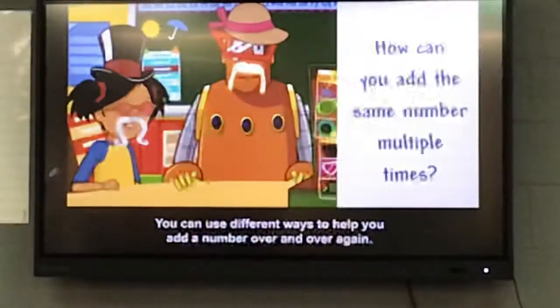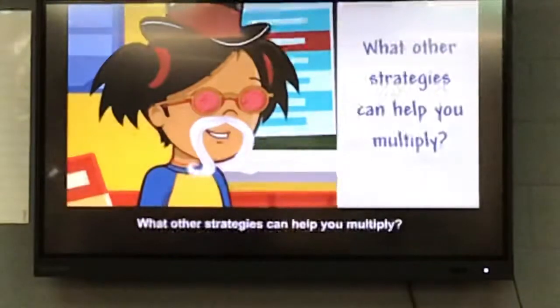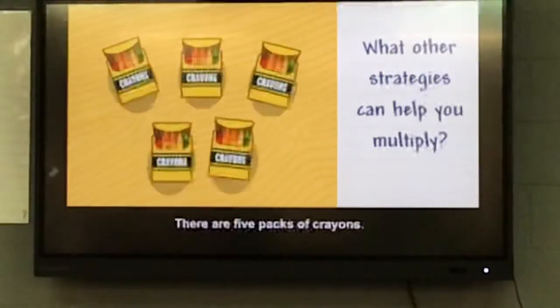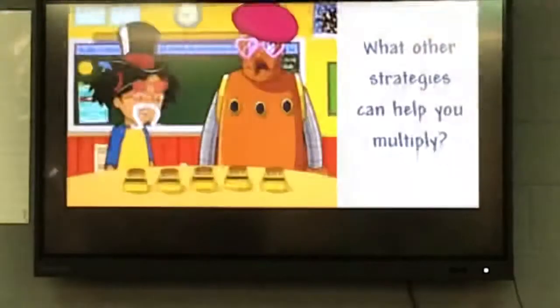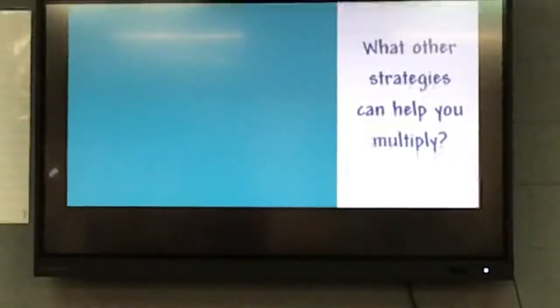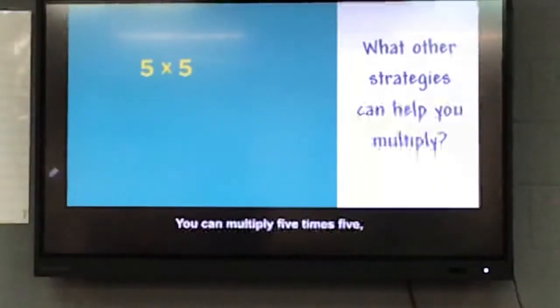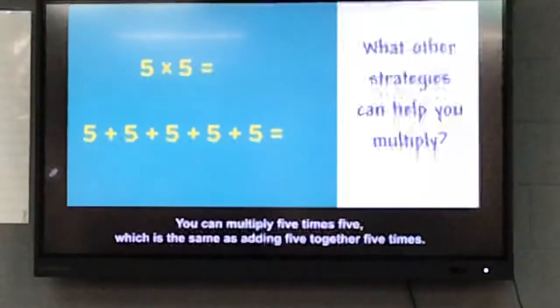You can use different ways to help you add a number over and over again. What other strategies can help you multiply? There are 5 packs of crayons. Each pack has 5 crayons. How many crayons are there all together? You can multiply 5 times 5, which is the same as adding 5 together 5 times.